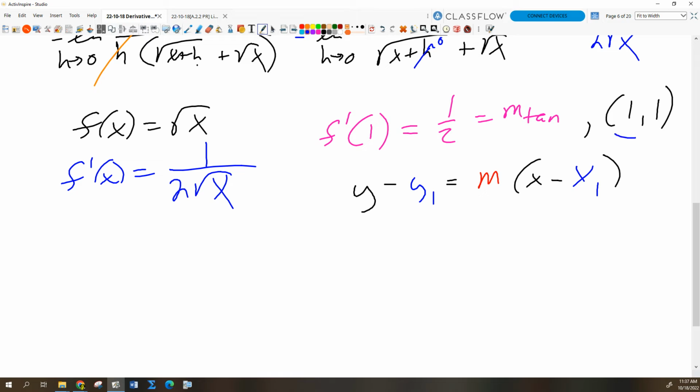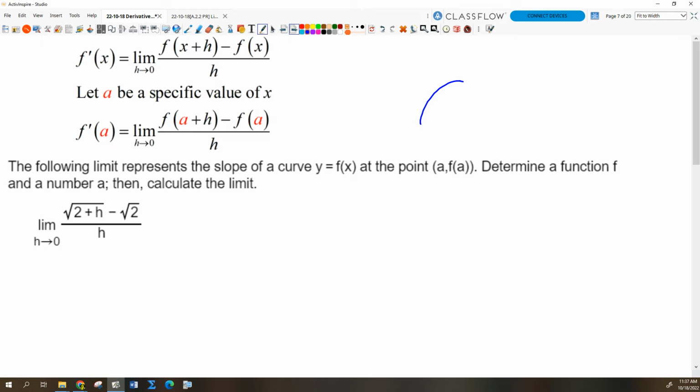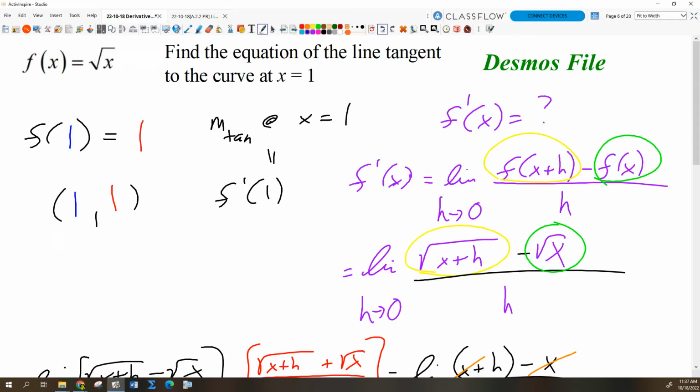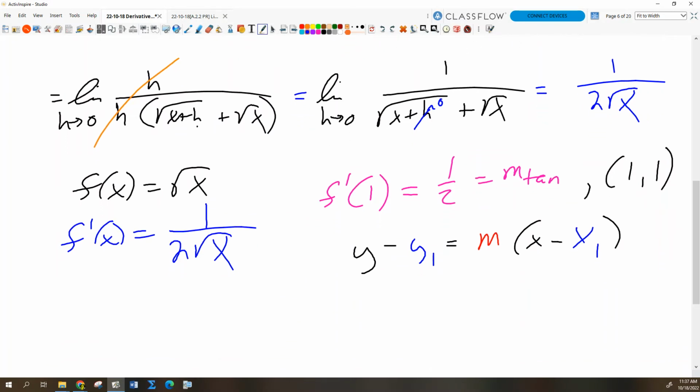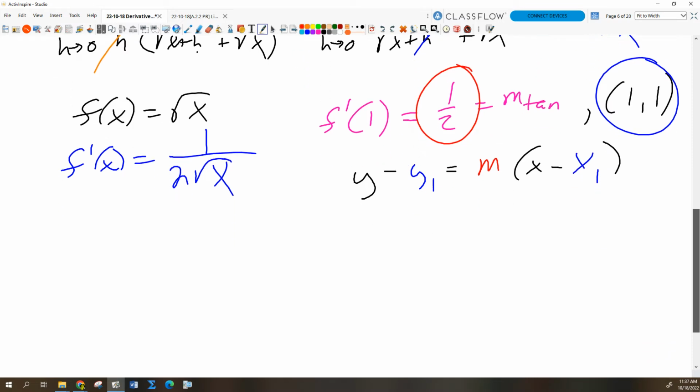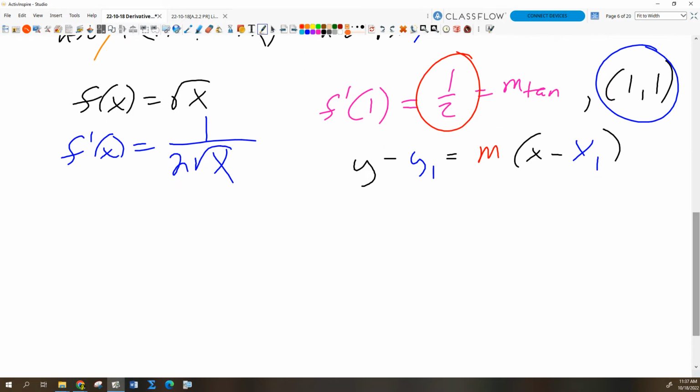I'm just plugging in the blue coordinates, and I'm plugging in the red slope, and that's that. On the AP test, you don't even have to simplify that. You can just leave it in point slope form.